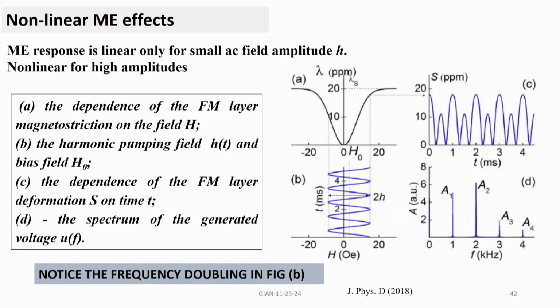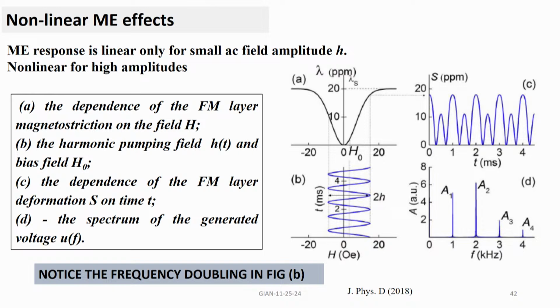There is what I call frequency doubling. Just look at it here. Whether it is a positive field or negative field, the magnetostriction does not change sign. It's either positive or negative. So the piezomagnetic coefficient also will not change sign. Okay? So that would mean in the positive half of the AC field, you will get this spike here.